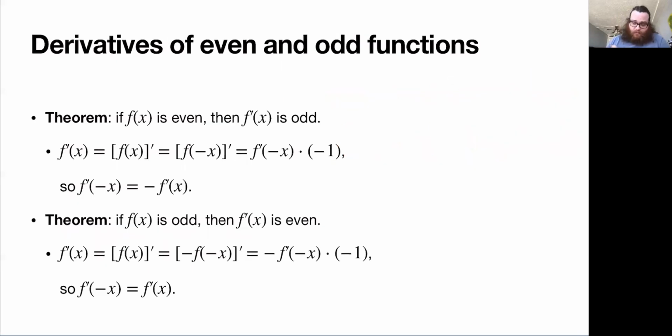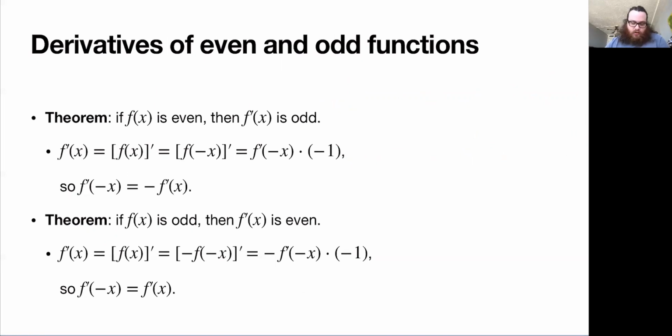We can make that more precise and actually prove these things in a not bad way. There are two statements. One, if your function is even, then its derivative is odd. The second is that if your function is odd, then its derivative is even. And the proofs aren't bad, they're just straight up computations.